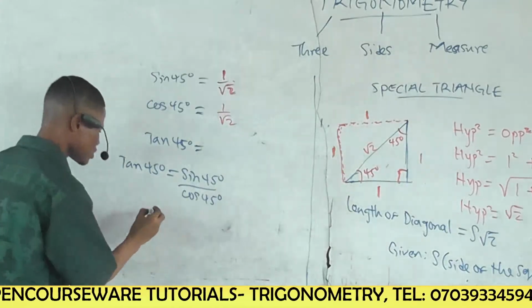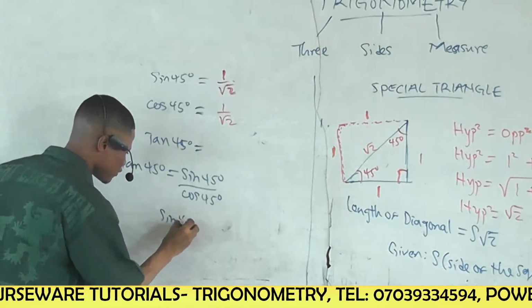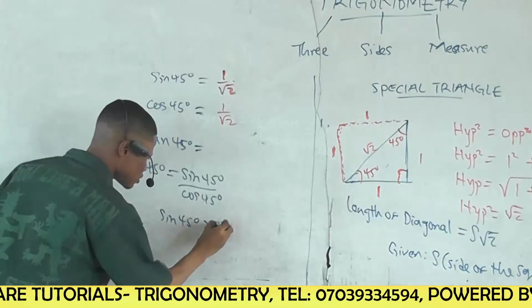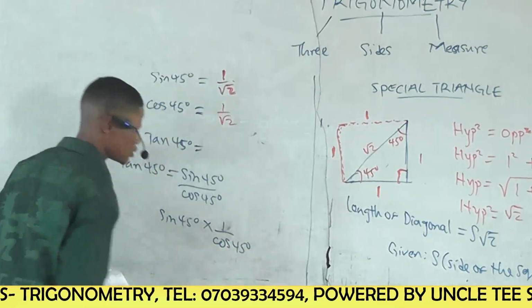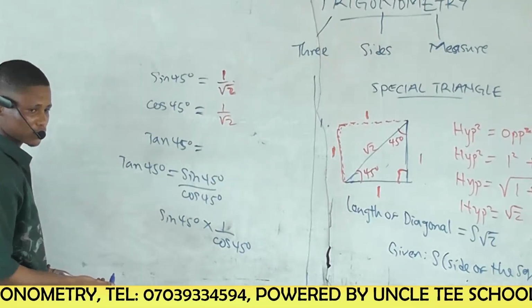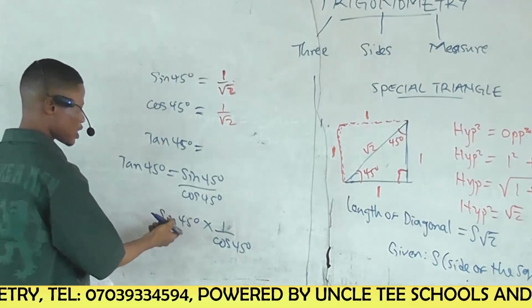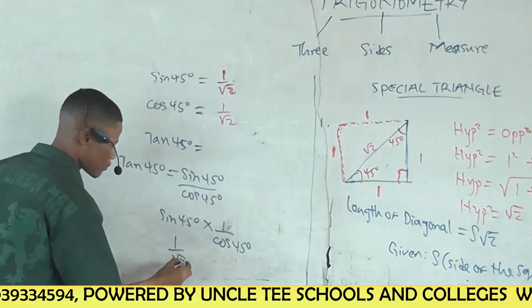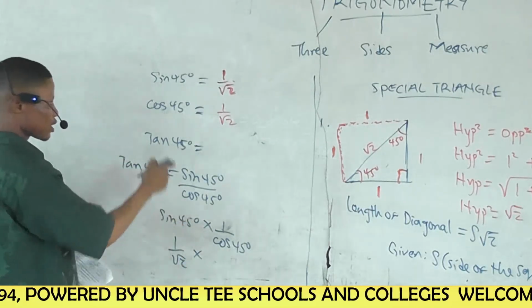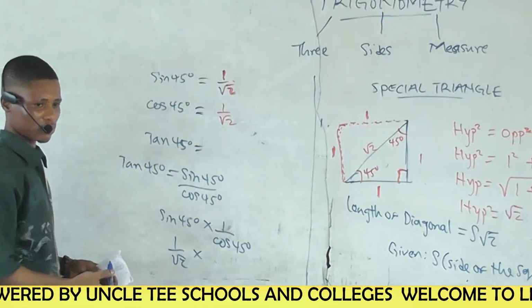So it means sine 45 degree times the reciprocal of cos 45 degree. It's still the same thing, right? Now, sine 45 degree from here is 1 over root 2 times the reciprocal of cos 45 degree will be what?